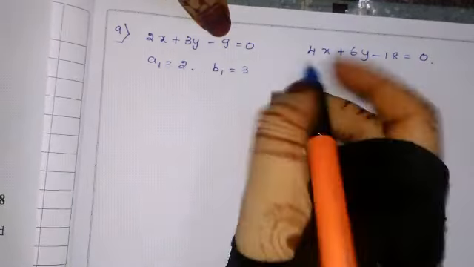Angle A plus angle A, 2 angle A plus 90 degree equals 180 degree. So 2 angle A equals 180 degree minus 90 degree. 2 angle A equals 90 degree. So angle A equals 90 degree by 2, that is 45 degree.